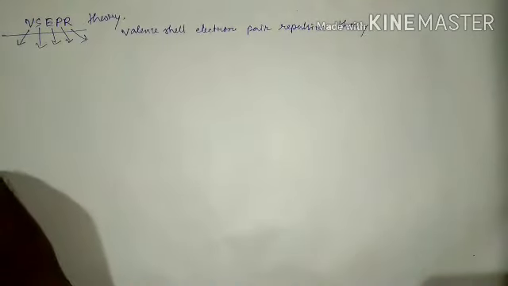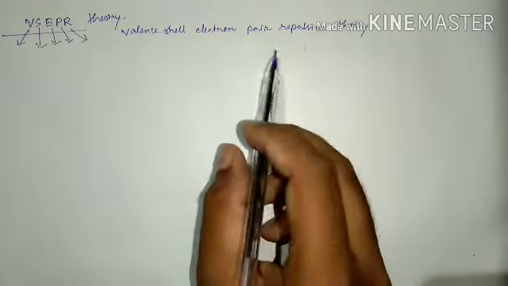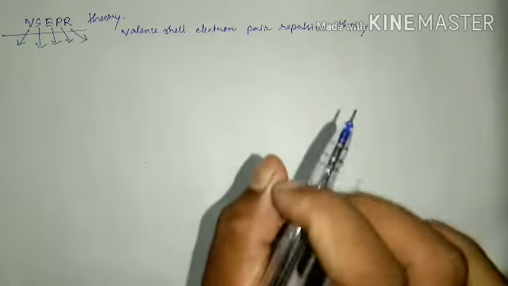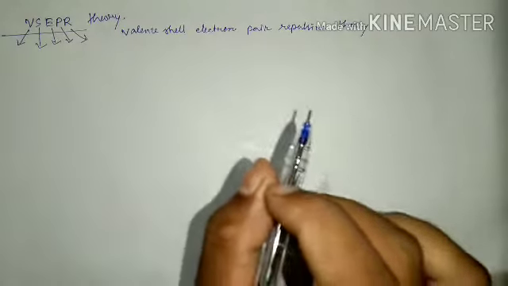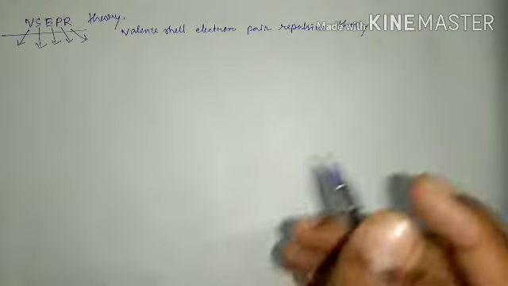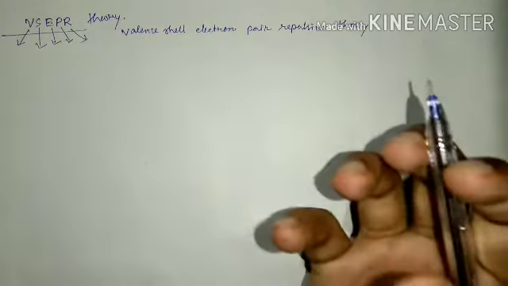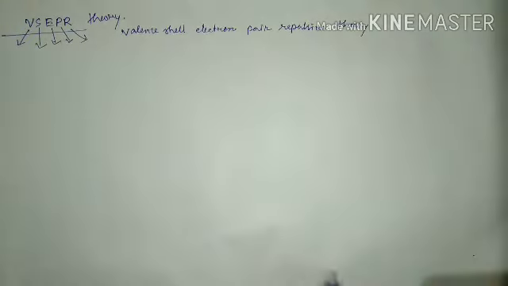So VSEPR means valence shell electron pair repulsion theory. VSEPR theory explains how a molecule forms, in what structure and geometry the atoms are linked with the central metal atom. Let's see. The postulates of VSEPR are as follows.